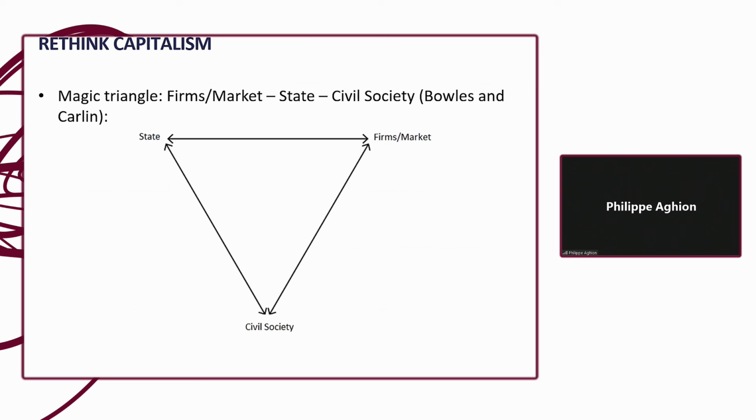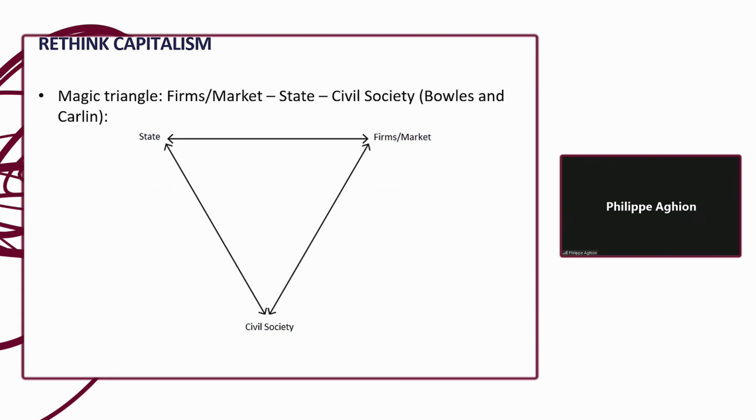So that's where civil society is crucial, because civil society, which means the media, the unions, the voters, is there as a watchdog to make sure that the state will play its role in regulating firms and in making sure that incumbent firms will not block new entry. And that's why this triangle between firms, the state, and civil society is the response to Schumpeter's pessimism.